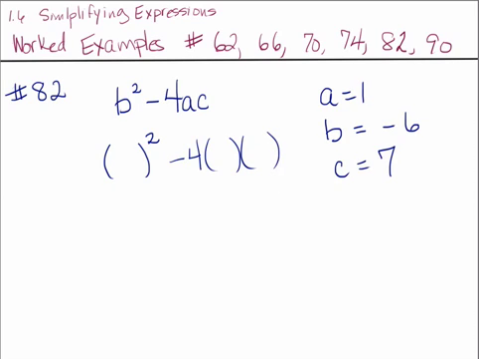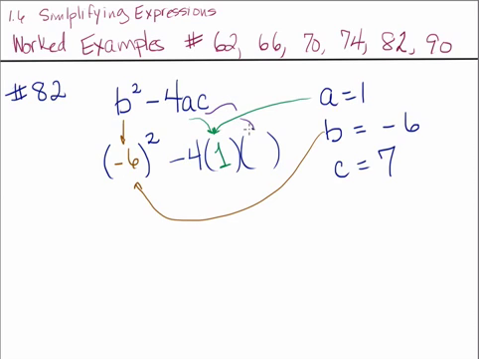Then we're going to go back and make sure that we get the correct variable into the correct space. This is where a goes. This is where b goes. And this is where c goes.